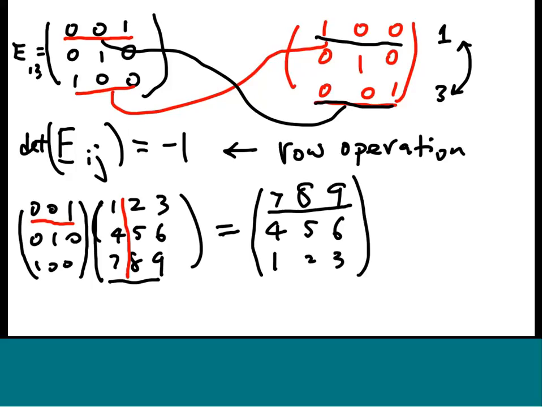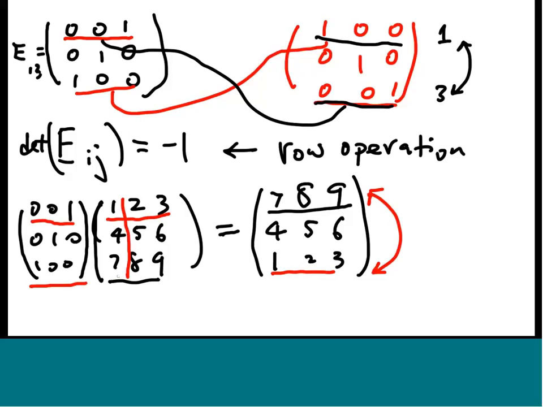This is why the rows are switched. Now you have a better understanding: E_ij is the row operation when multiplied from left. Get it?